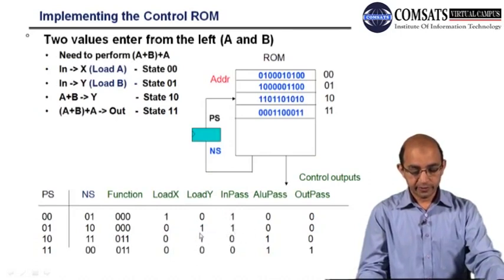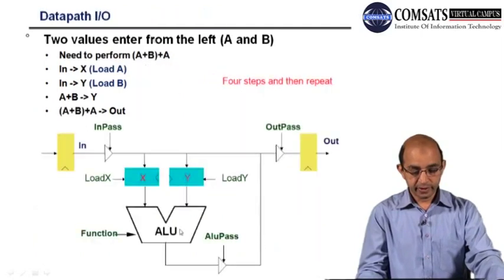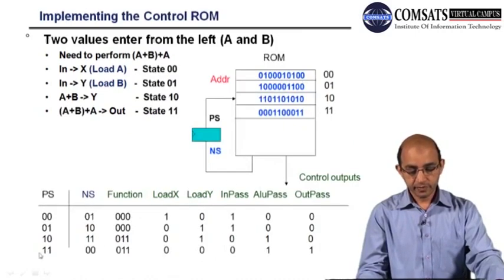Here you can see that we have load Y, and then again 1, 0. So we have to perform the addition. Loading has to be performed again, and now you can see that ALU pass has to be activated, and we are storing this here.